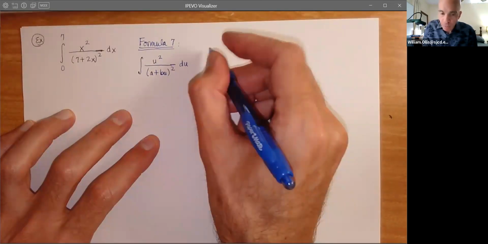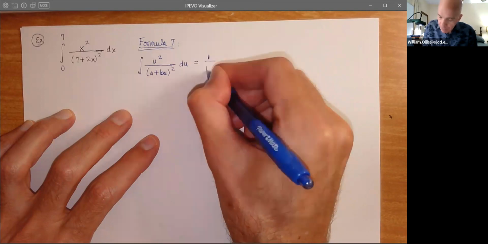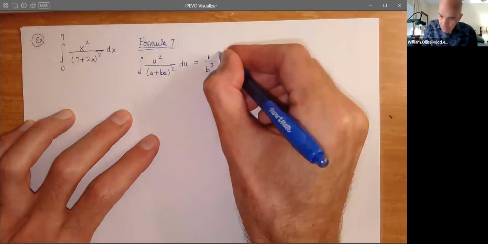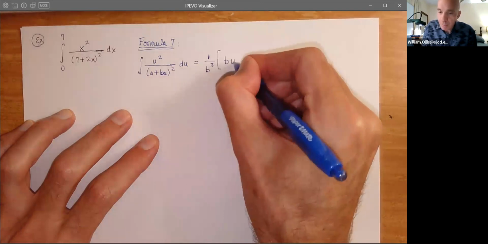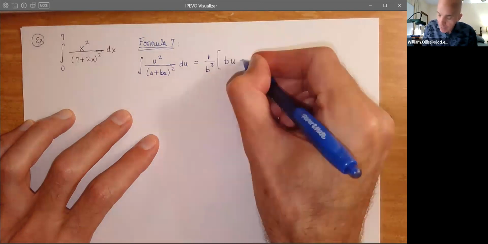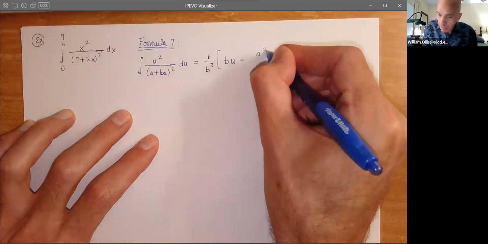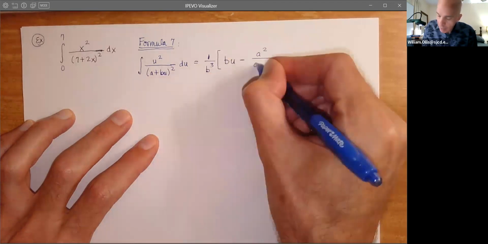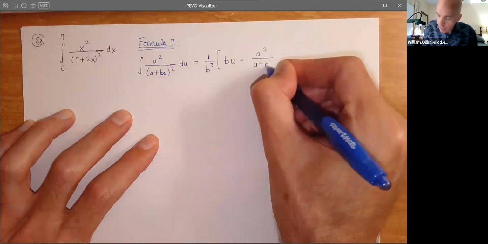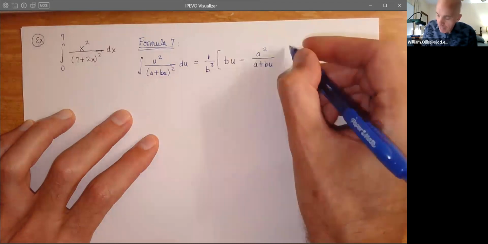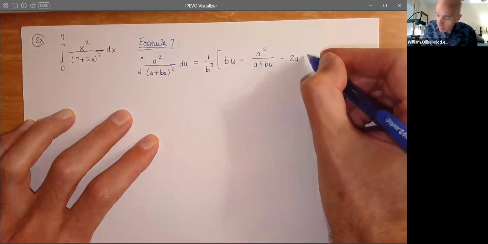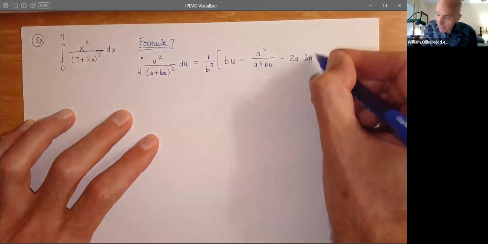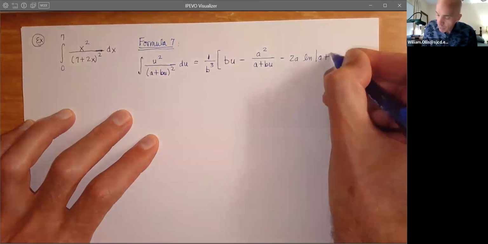1 over b cubed, I'm just stating this from the table, times bu minus a squared over a plus bu minus 2a natural log of the absolute value of a plus bu.